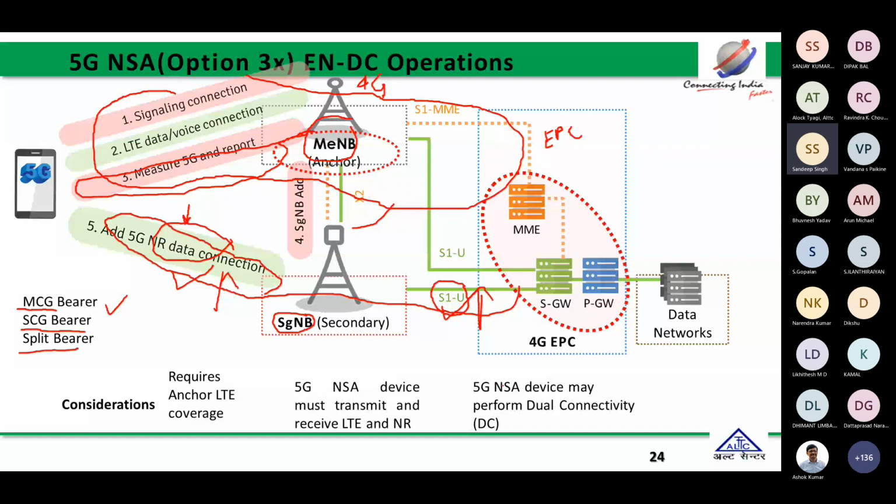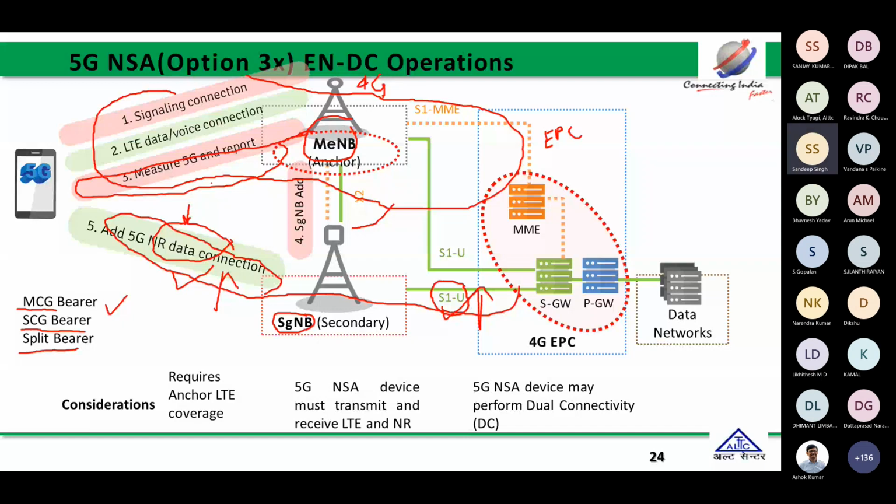When data comes from the core network to the base station and is split at the secondary eNode B, then it is known as the SCG split bearer. So these are the nomenclature that we use: MCG bearer, SCG bearer, split bearer, and master eNode B and secondary G node B, right?